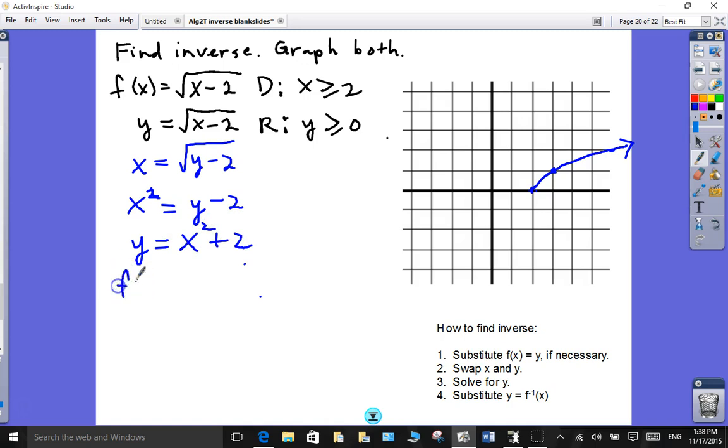Now that is f minus 1 of x. Okay, well, what kind of graph does that have? It's a parabola. Opens up, y-intercept is 2, right? That would look like this. About right there, about right there.